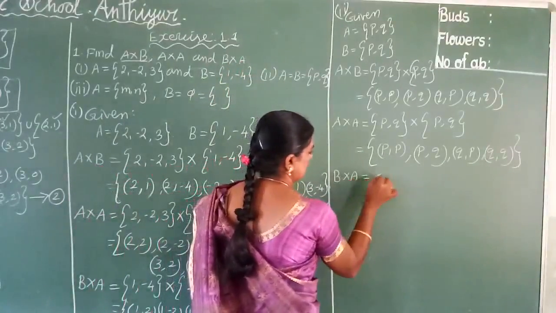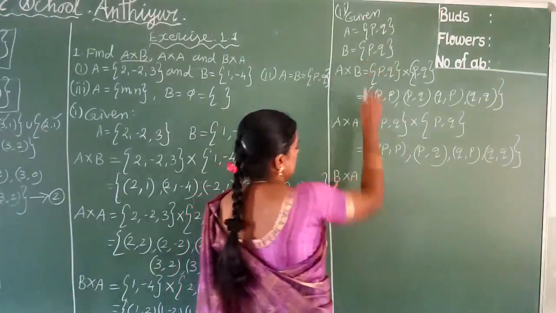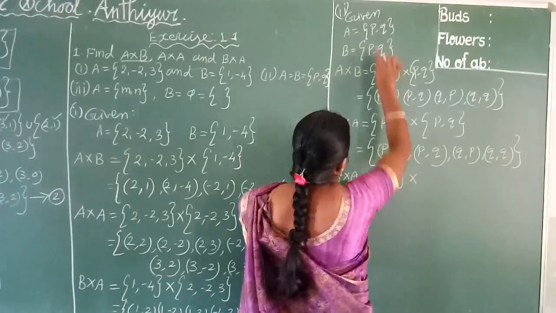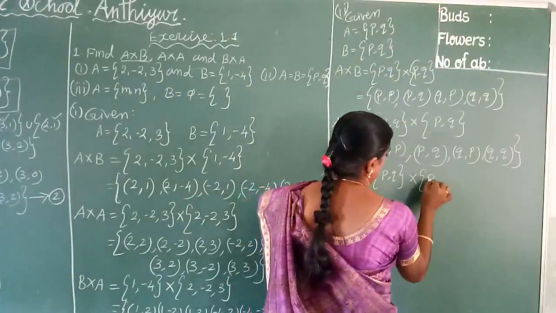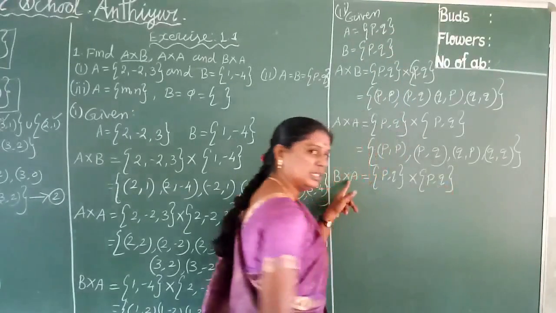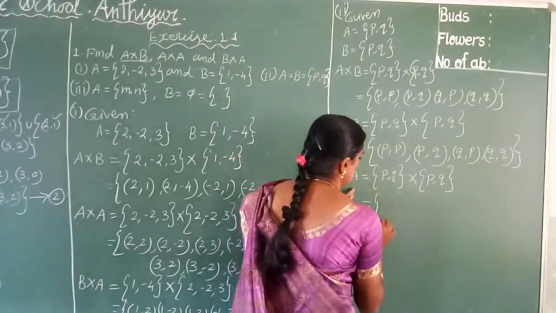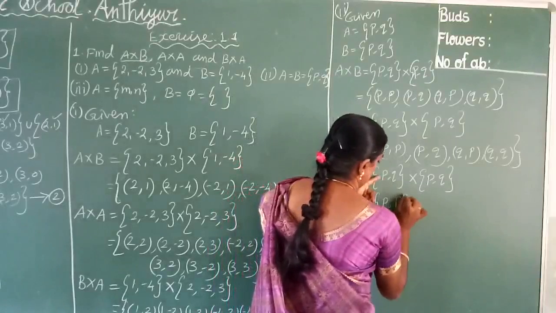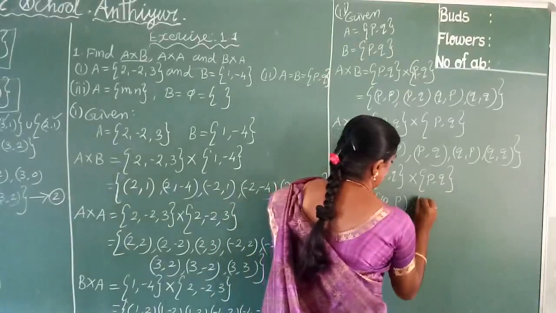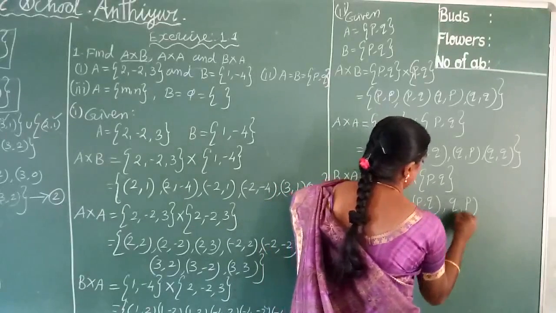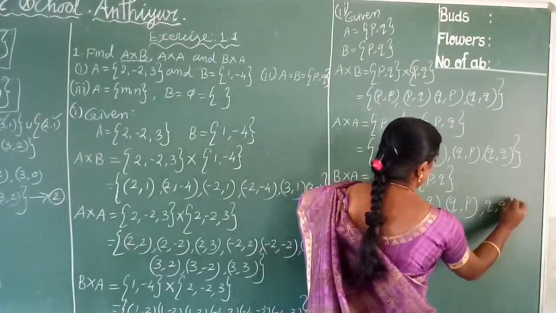B cross A. What is B? {P, Q} cross A, {P, Q}. See this, what is the answer? Here (P,P), (P,Q), next one (Q,P), (Q,Q).